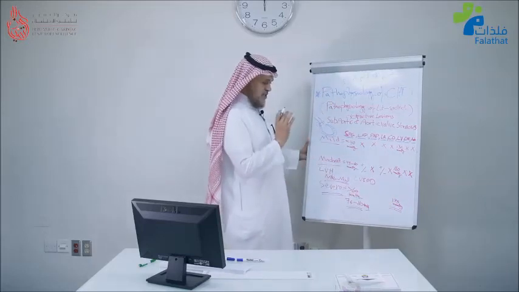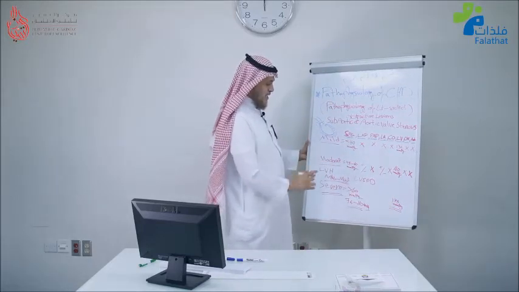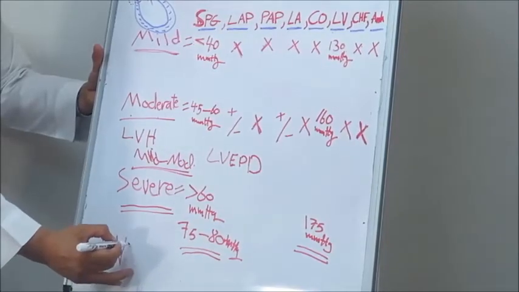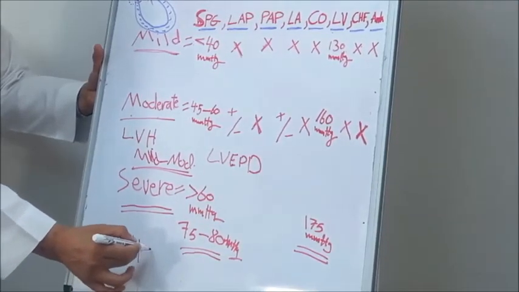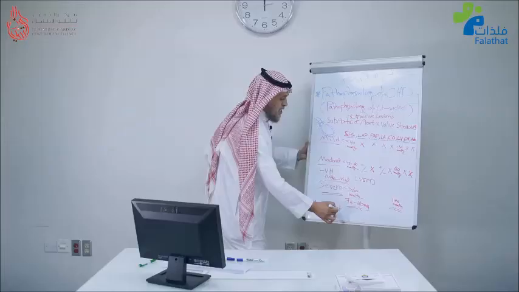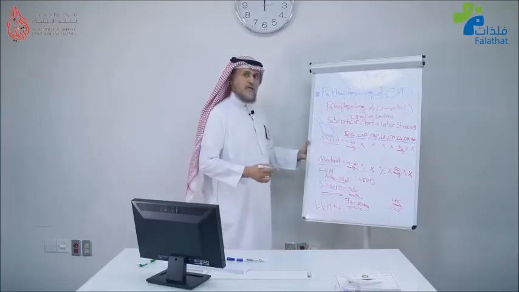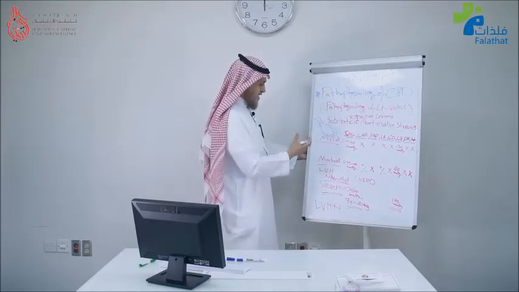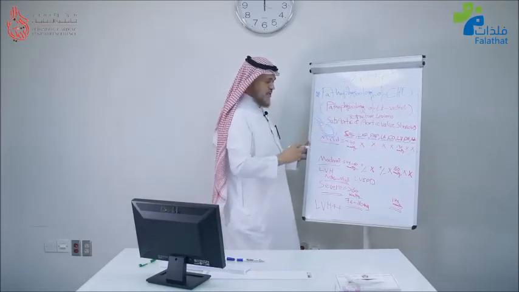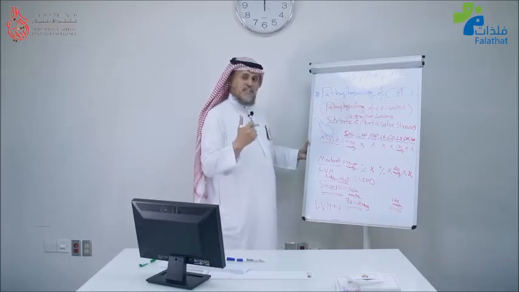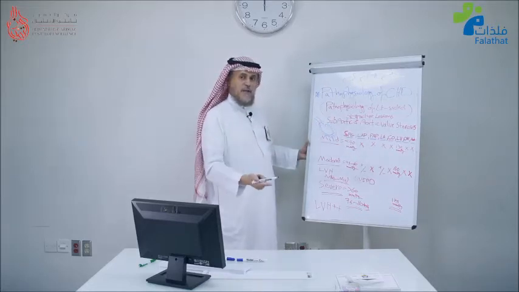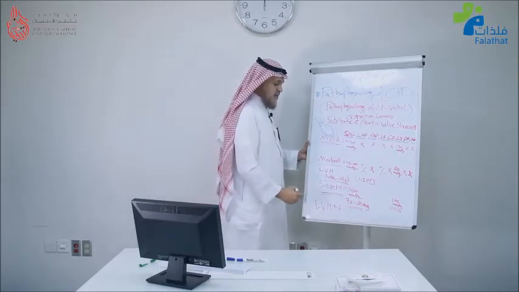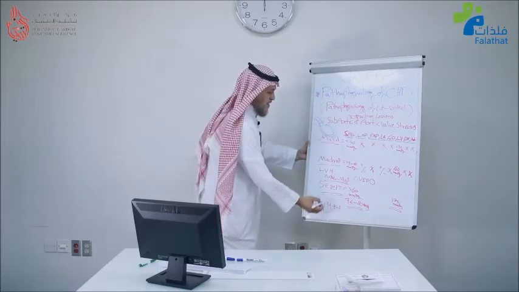So when it's quite high, immediately we would expect left ventricular hypertrophy plus. If left ventricular hypertrophy has started and there is significant LVH, then ventricular stiffness, non-compliance, and elevation of left ventricular end-diastolic pressure is expected.